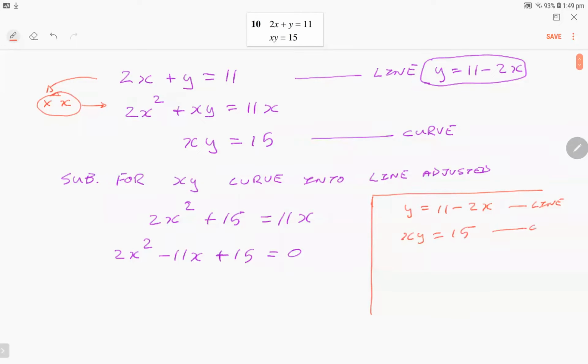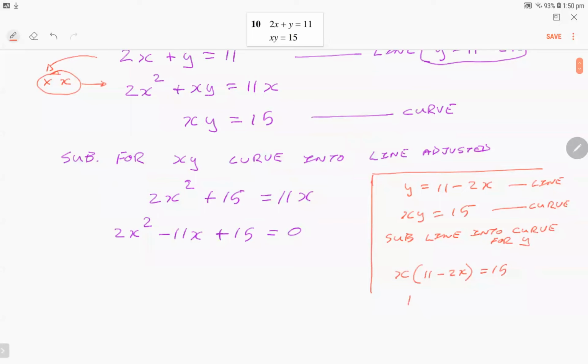If I substitute the line into my curve for y, I would have gotten x times 11 minus 2x equals 15. And if I expand this, I get 11x minus 2x squared equals 15.